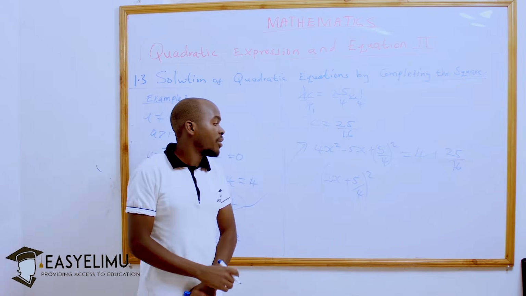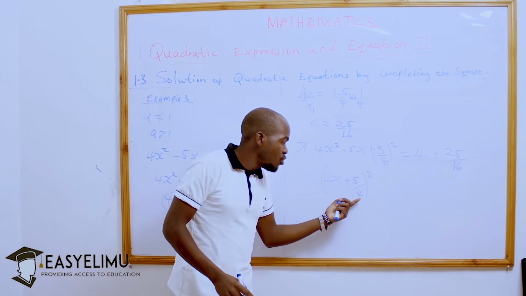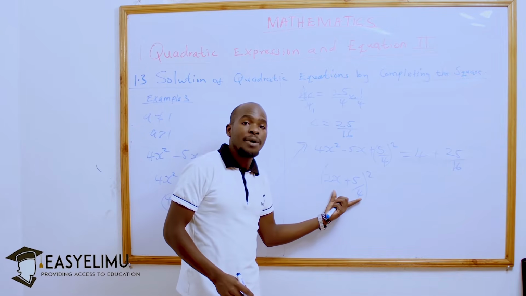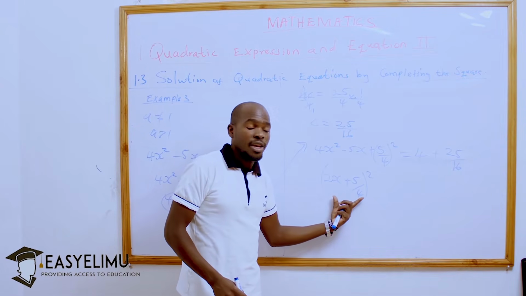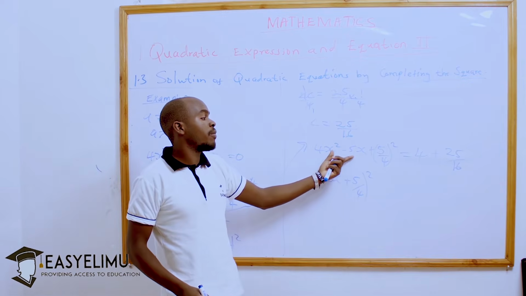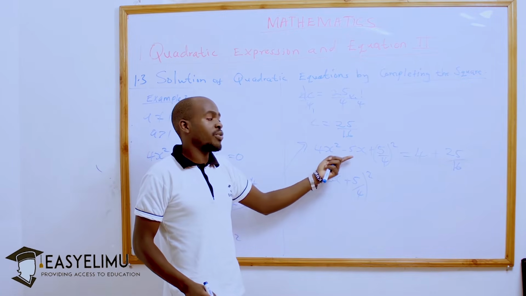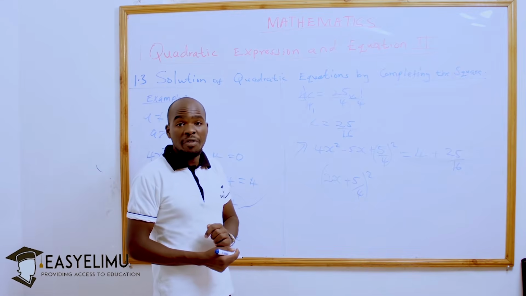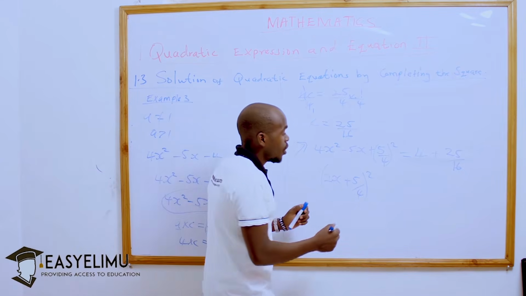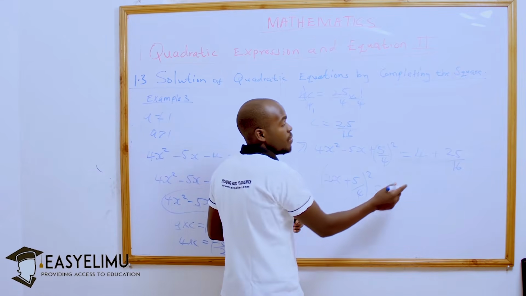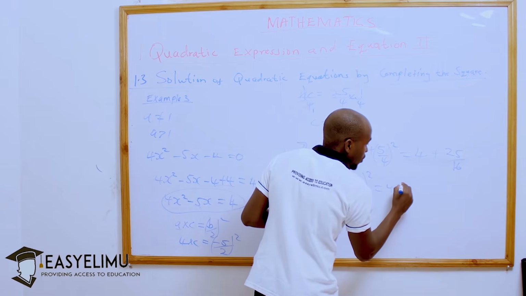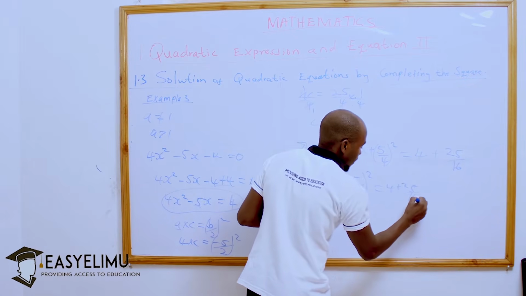If you do the expansion of this expression, it will give you back 4x squared minus 5x plus 5 over 4 squared. So it should be equal to 4 plus 25 over 16.